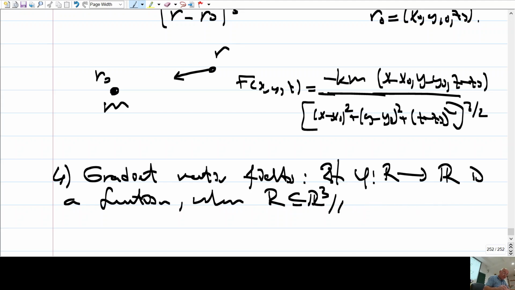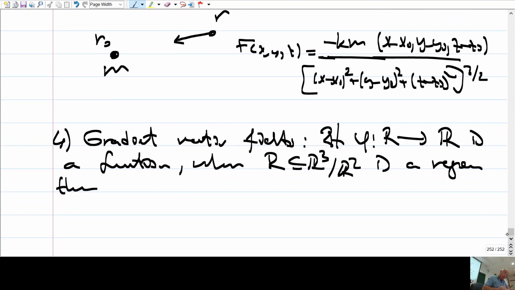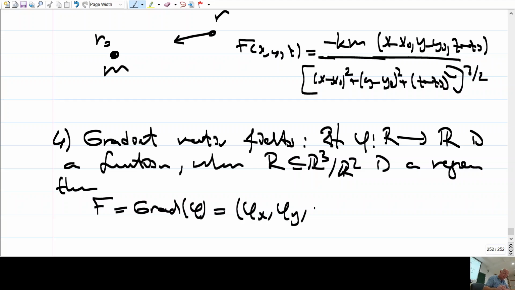It can be in R3 or in R2. Then F, which is the gradient of phi, is defined to be the following vector field. You just take its derivatives with respect to variables. If it is just two variables, x and y, then I have just this much. But if we have three variables, then we have this.